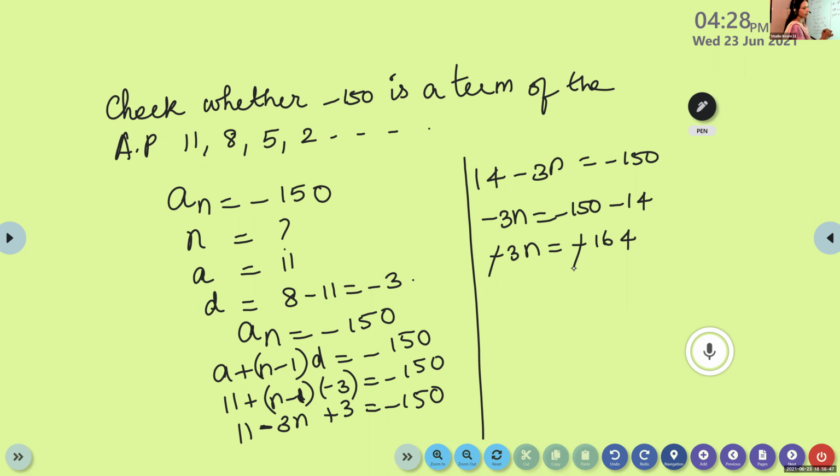Cancelling the negative on both sides, n is 164 by 3.